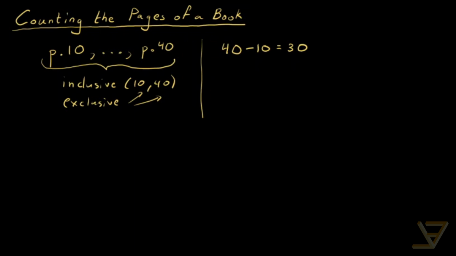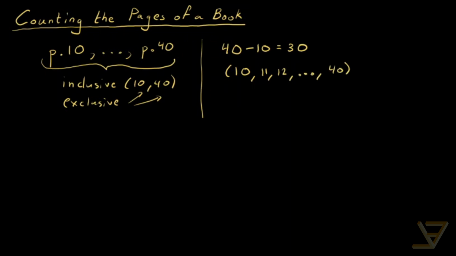The way that I do it is that I wouldn't actually list out all the pages, but I would make a list in shorthand like this, 10, 11, 12, all the way through 40.